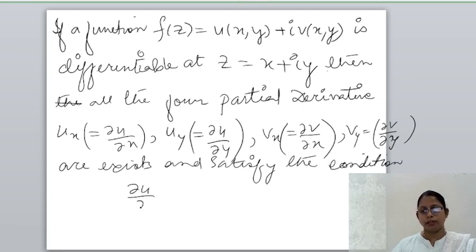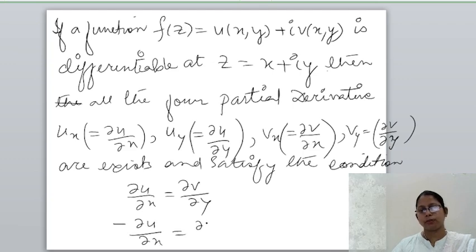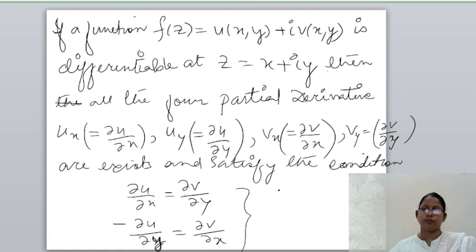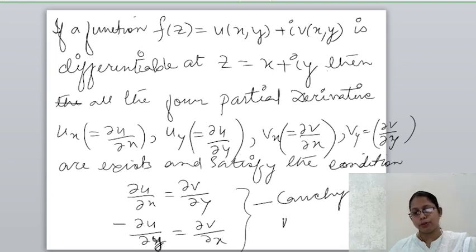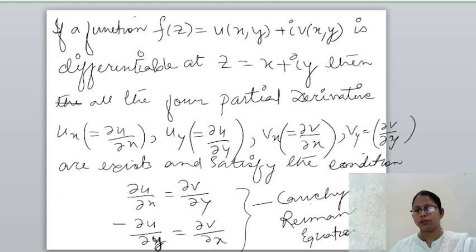del u by del x equal to del v by del y, and del u by del y equal to minus del v by del x. These conditions are known as Cauchy-Riemann equations, in short, CR equations.